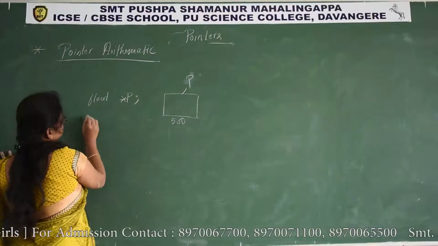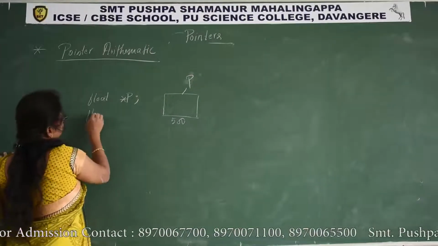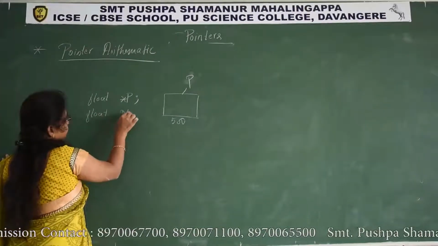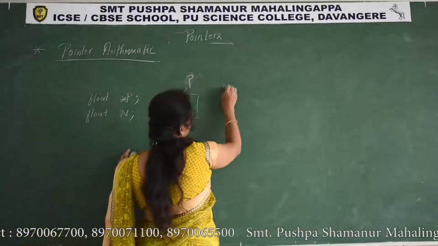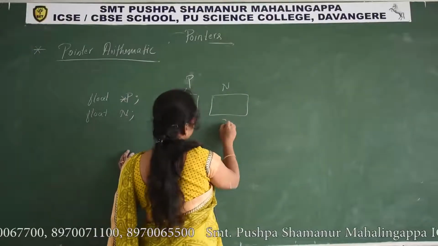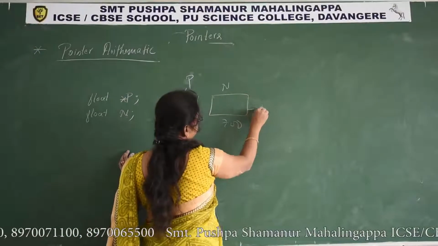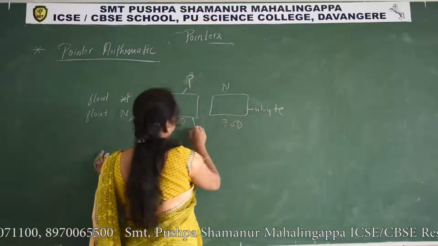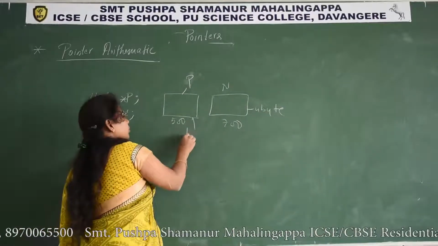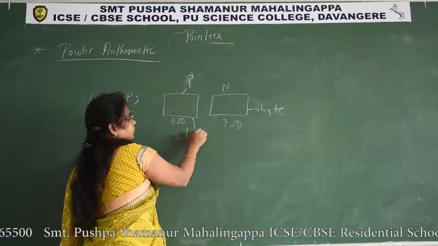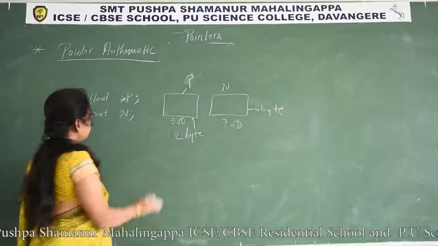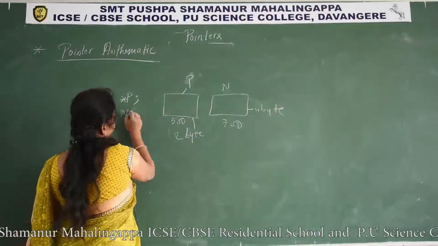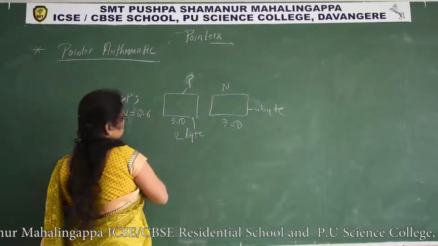And I'll take a variable float n. It's a normal floating type variable. The address is like this, 700. This is 4 bytes. It's a normal variable. It's a pointer. This is 2 bytes. Okay. Now I'll take some value here, 2.6.